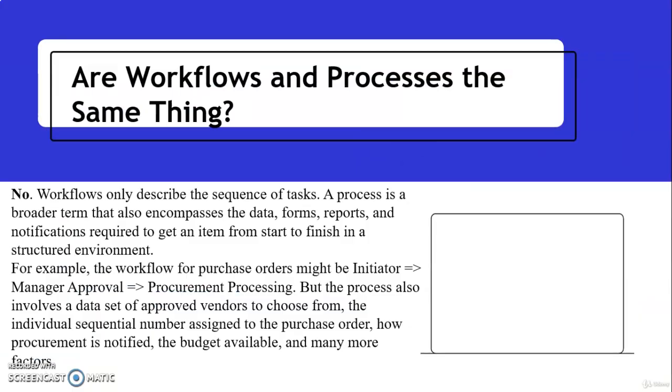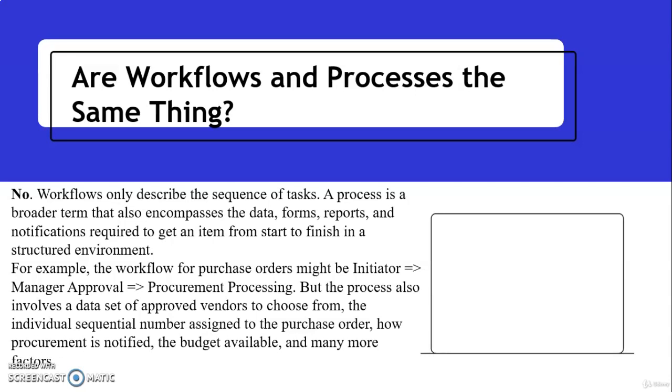So now the question arises: what is the difference between a workflow and a process? Process also defines the same thing. So you might think, are workflows and processes the same thing? The answer is no, outright no. Workflows only describe the sequence of tasks. That is, a workflow tells you what sequence you should follow to complete the task. A process is a broader term that also encompasses the data, forms, reports, and notifications required to get an item from start to finish in a structured environment.